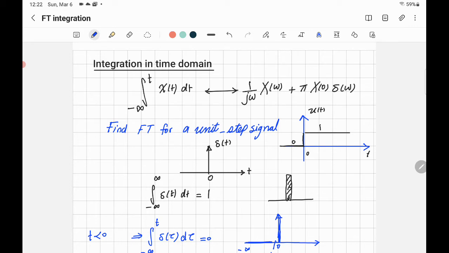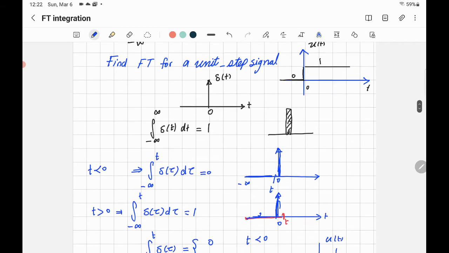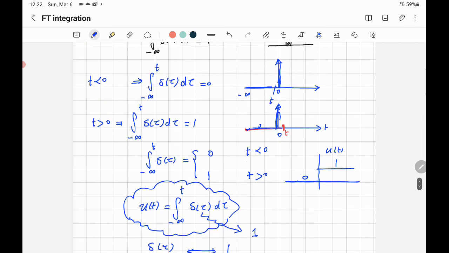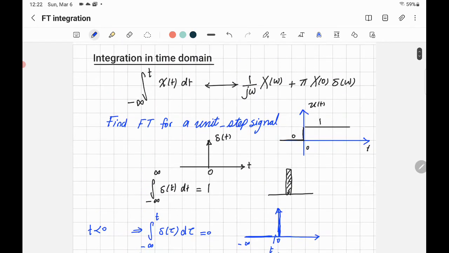Now we can use the property of the integration. We'll find X of omega and divide it by j omega. All right. So what is the Fourier transform of delta? It's the easiest one. It's equal to 1. So the Fourier transform of the unit impulse is equal to 1. Now I'll apply the rule. I'm integrating only one time here.